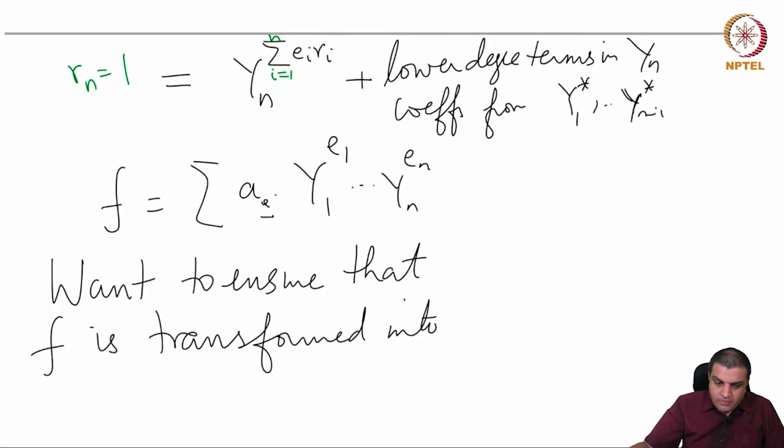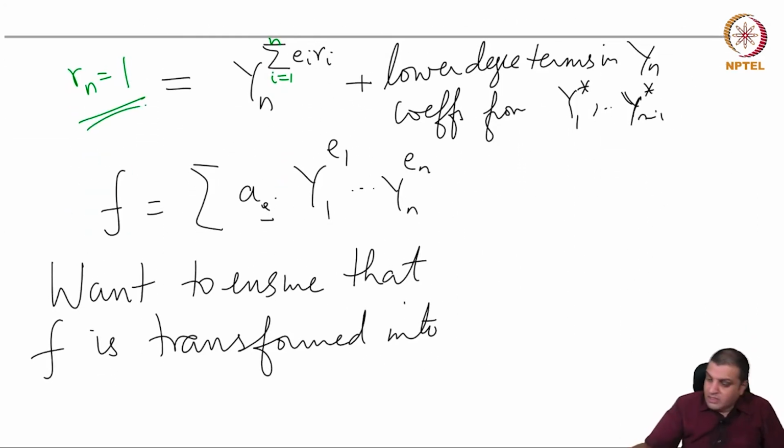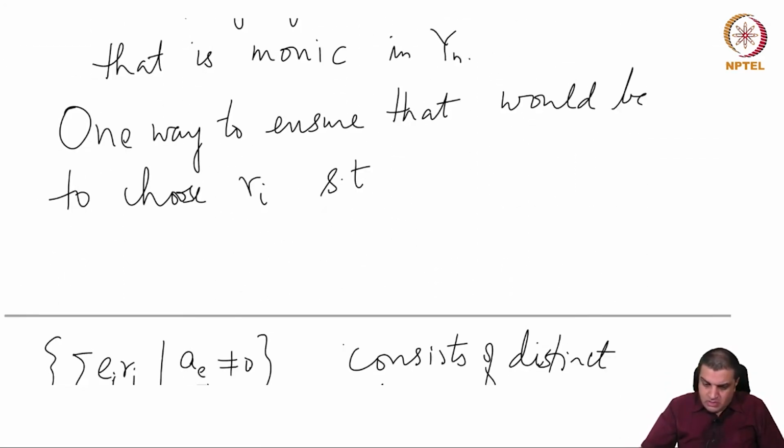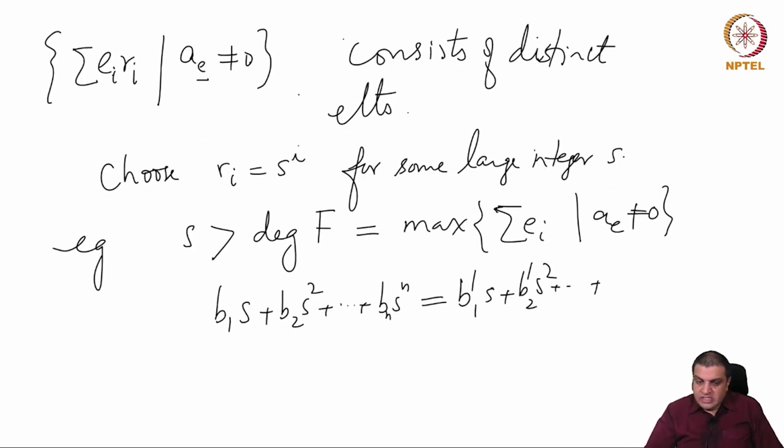So just keep this in mind. One way to ensure this would be to choose a very large s and then choose r_i to be s to the i, and then we will get all of them to be distinct, and exactly one term in the terms of f written in the y's will dominate, and therefore that would ensure that f is a monic polynomial.